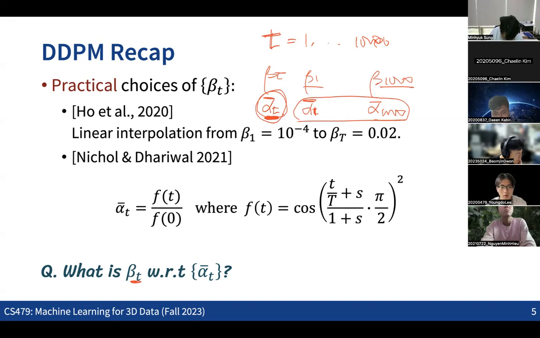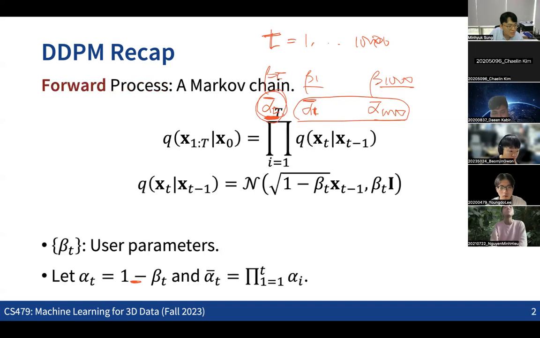From the definition in this slide, alpha hat was defined as the product of the alpha, and alpha was 1 minus beta.